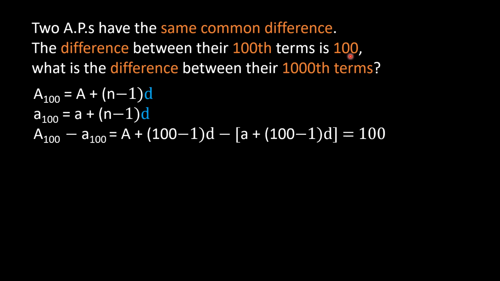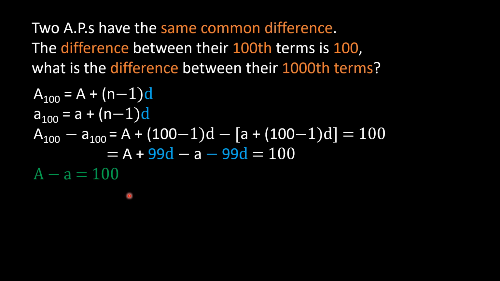We will simplify this. It will be 100 minus 1 will be 99d, and minus 99d because of the minus sign. So here 99d minus 99d will be 0 and we get A minus a equals 100.